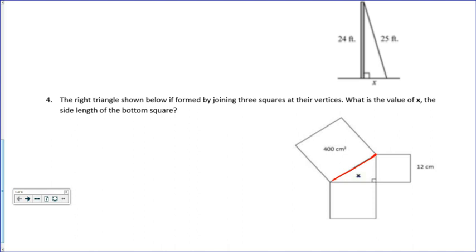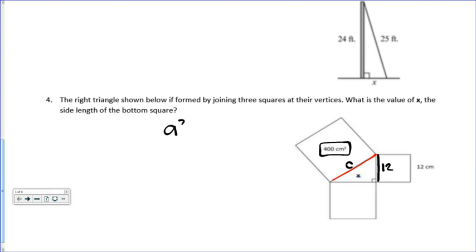I know that this side length right here is 12 because this is a square. So this side is 12, and I'm looking for x. So let's plug in. We know that my hypotenuse is here, which is c, and c squared is 400. They already told me the area.